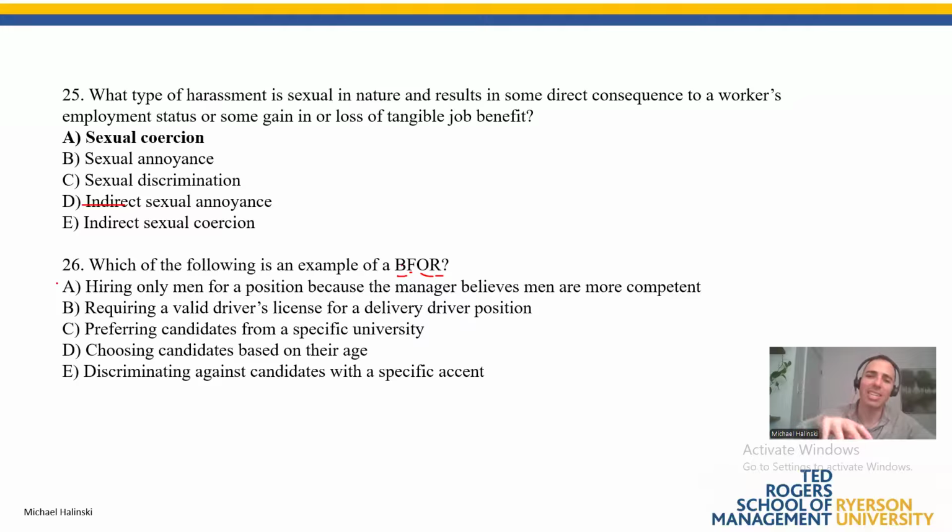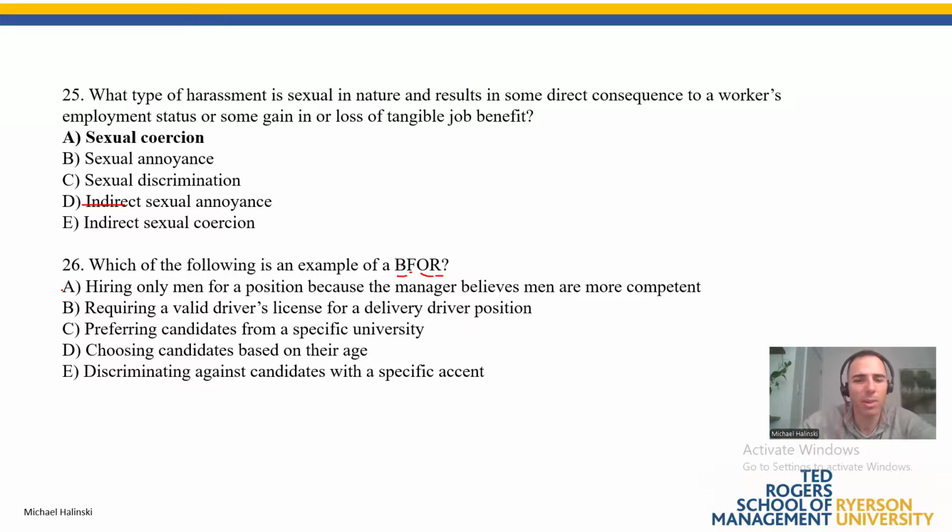There is an intrinsic need in the job that forces you to have a specific requirement, which can indirectly discriminate against certain people, and it's allowed because it's an intrinsic component of the job.